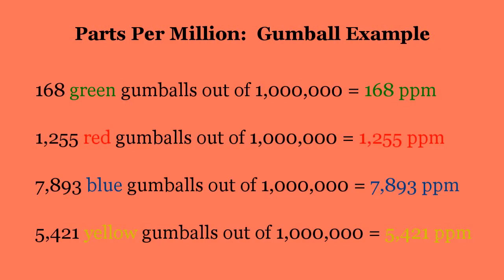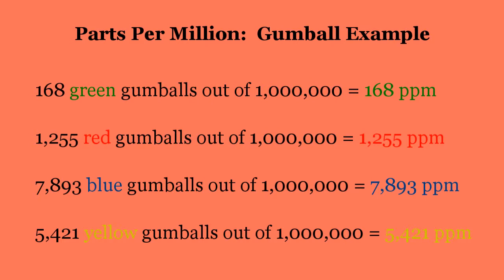Let's practice longer. Let's say out of 1 million gumballs, 168 are green gumballs. That means 168 parts per million are green gumballs. Let's say we have 1,255 red gumballs out of 1 million. That means 1,255 parts per million are red.